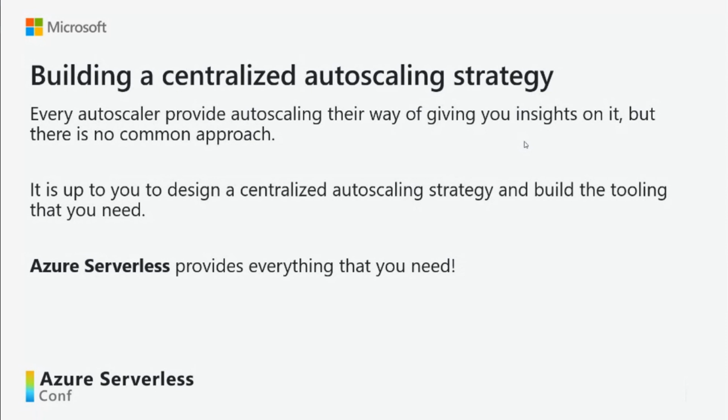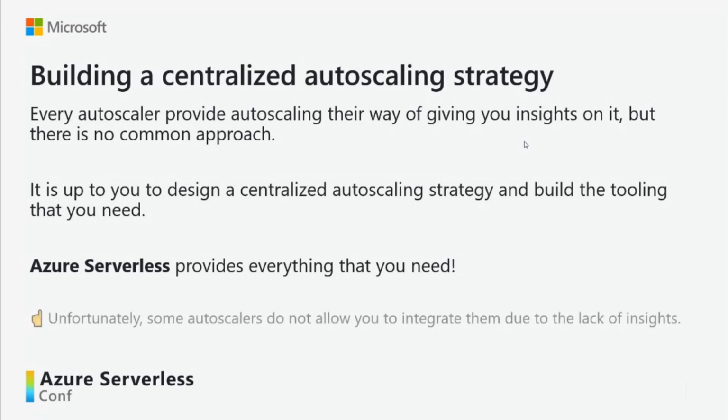In order to do that, that centralized strategy really helps you, and you will have to get your hands dirty to meet your needs, because Azure can only give you the tools, but it will not always be tailored to your needs. But that's where Azure Serverless really comes in. It's an easy way to build this tooling in a cost-efficient way without having to worry much about the infrastructure. Now, before we move on, some autoscalers will not allow you to integrate because the insights they give you are very minimal, but for the majority of them, you will be able to do this.